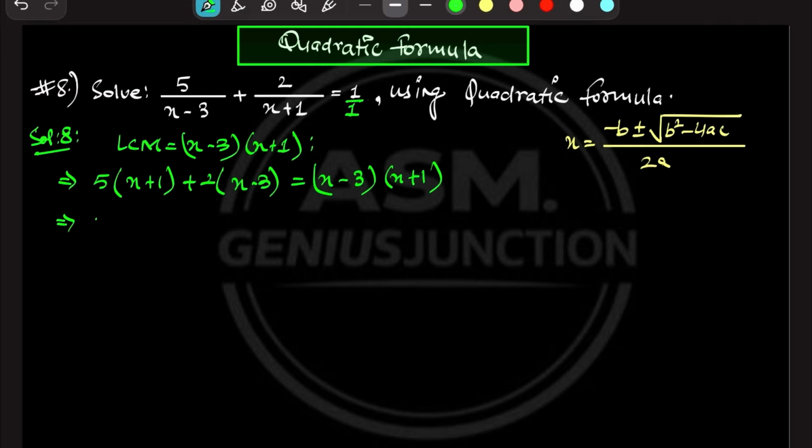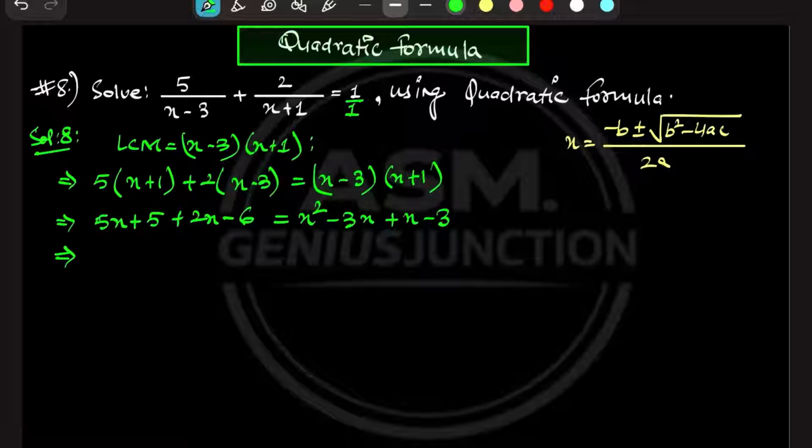Let's quickly open up the brackets. This is 5x plus 5, 2x minus 6 equals x square minus 3x plus x minus 3.